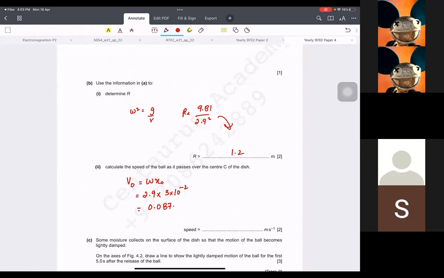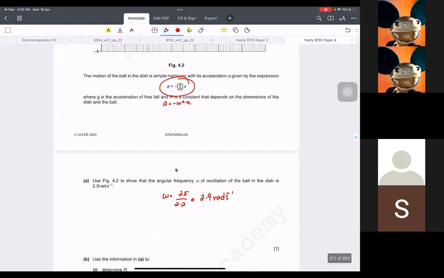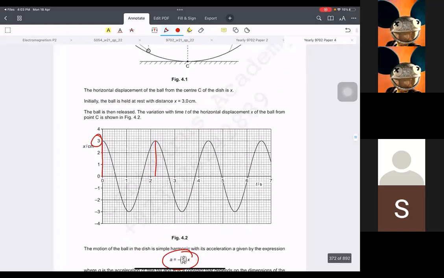Sir, can I use the cos and sin equations? Well, you can make one.